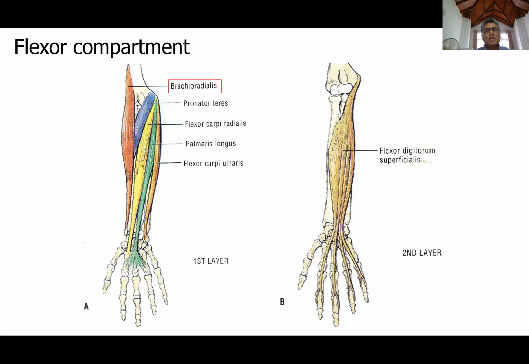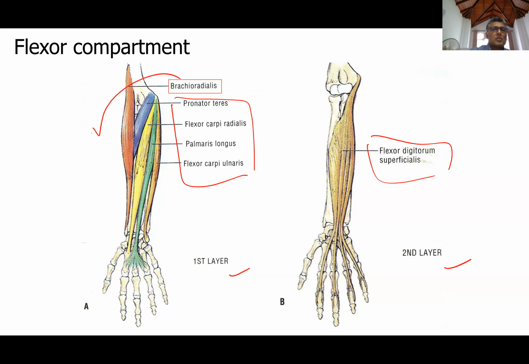But here, this is from Grant's Atlas. They have used this four-layer system. So in the superficial part of the anterior compartment, you get four muscles in the first layer, and the flexor digitorum superficialis in the second layer.